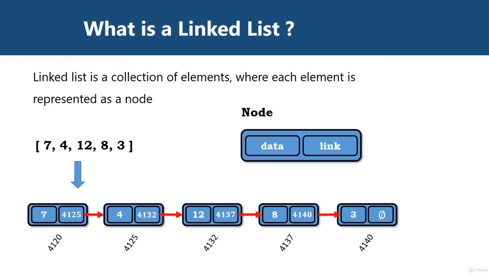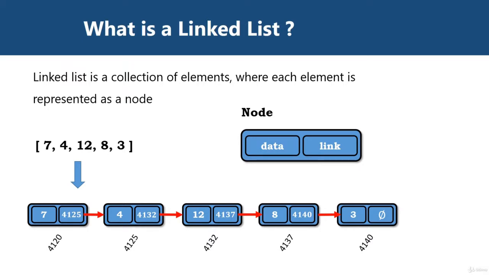So this is how a linked list for the collection of elements will be created. Remember that arrows or links are only for visual imagination or representation. It is actually the memory address or the memory location of the next node, which is stored in the link part of the node.